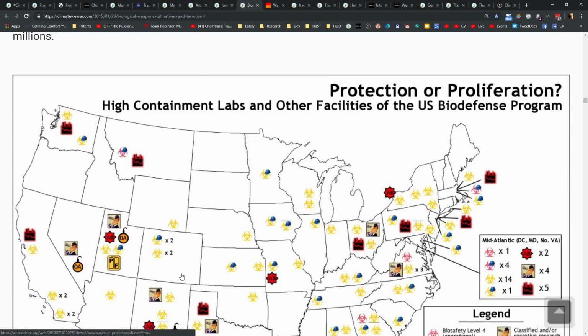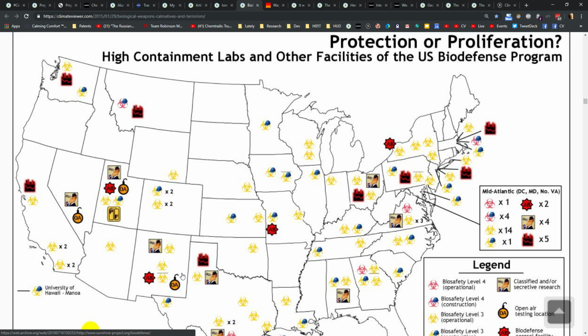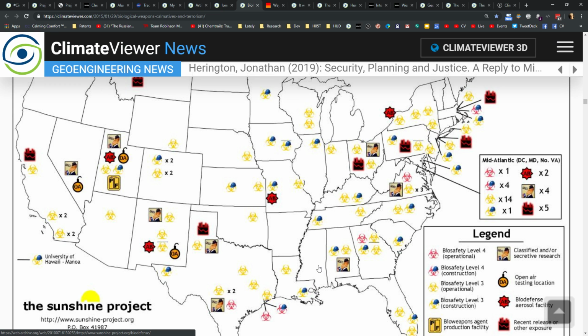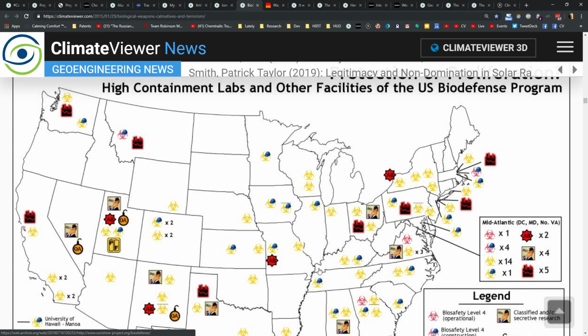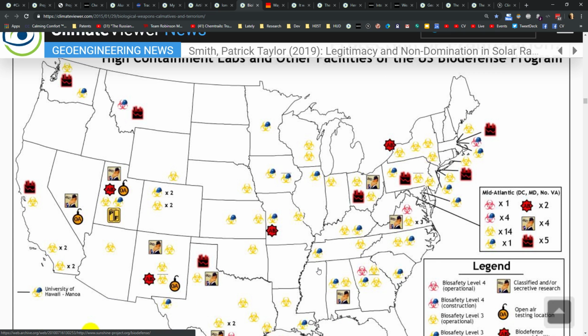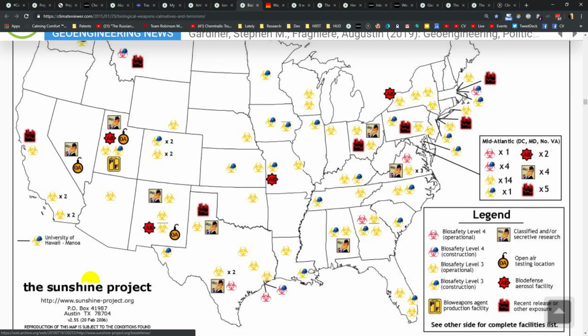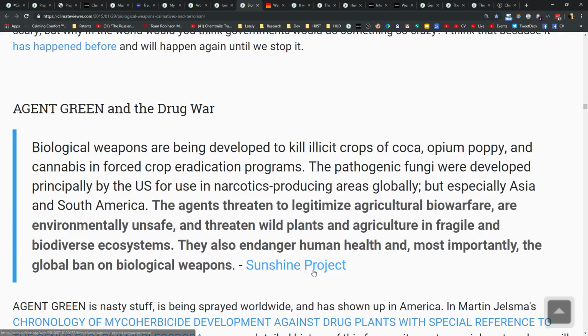And then right here, protection or proliferation, high contaminant labs and other facilities in the U.S. Biodefense Program. And these are biosafety level 4, 3, bioweapons agents production facilities. There's a map. I'd like to find the actual places, but they'd probably come and throw me in a CIA cell pretty quickly for making that map. But we have the Sunshine Project's map right there to prove that.